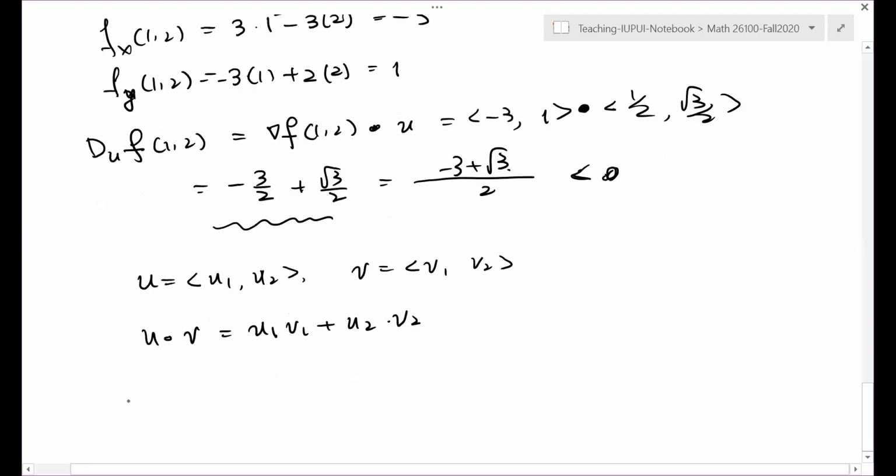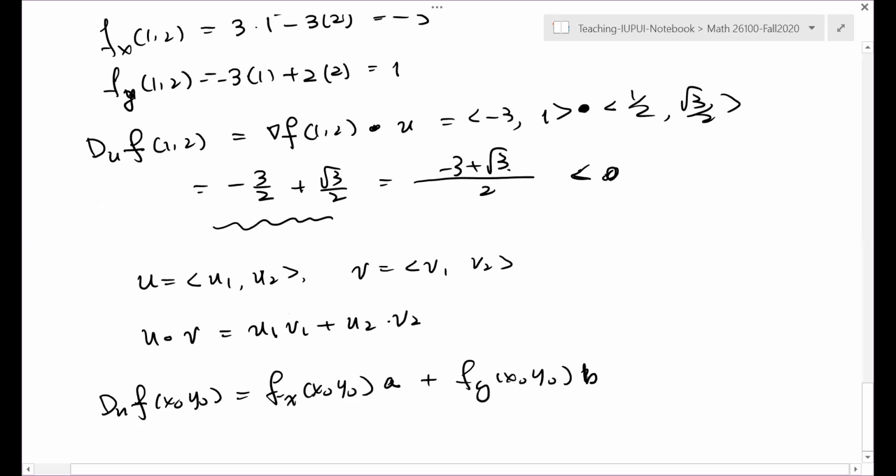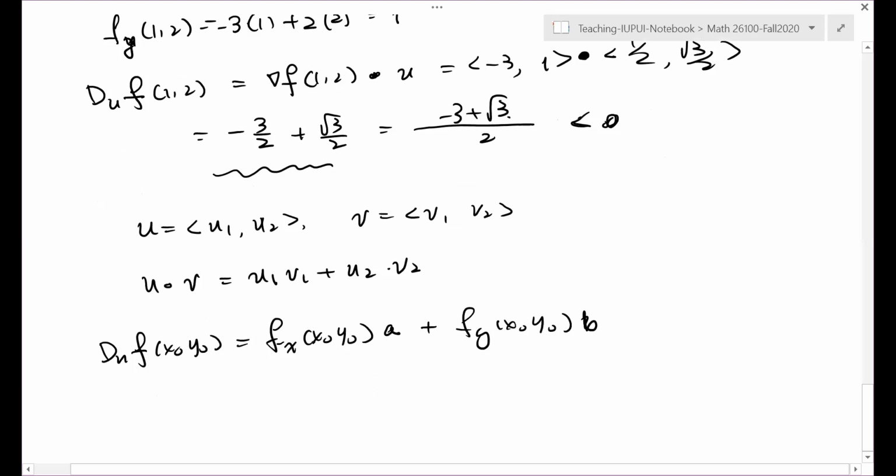In my notation, remember, this formula says it's going to be a times something plus b times something, the sum of the two products.